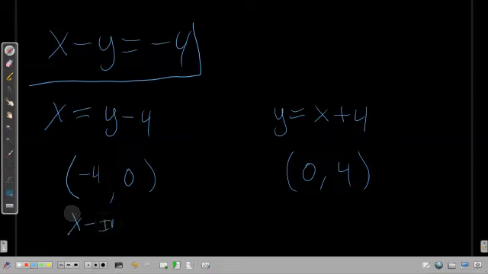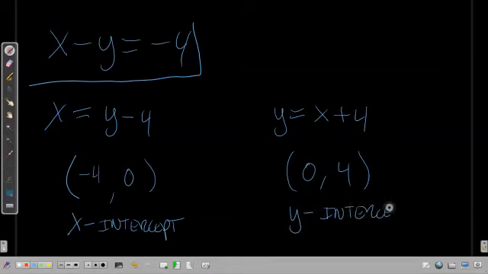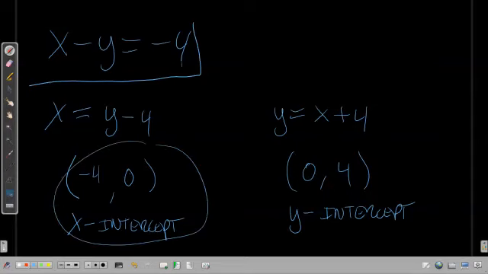This one is the x-intercept. This one is the y-intercept, because that's where it crosses the y-axis. This other one's the x-intercept because that's where it crosses the x-axis.